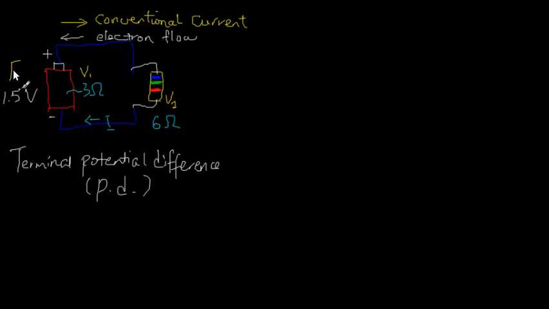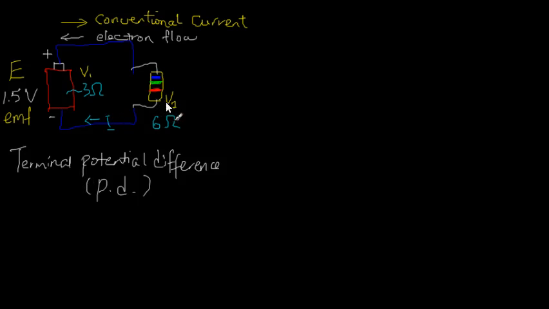Represent this by E. So this is EMF, the electromotive force. The terminal PD would be smaller than, say, the 1.5 volt on the battery, because some of this voltage is taken up by the internal resistance.